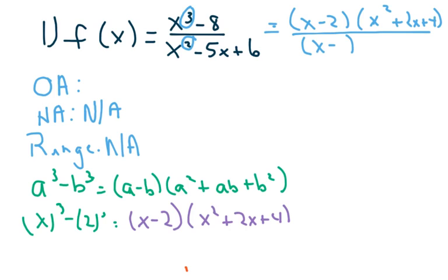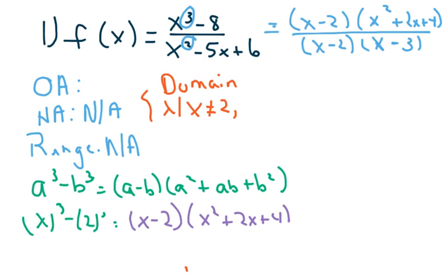I get x minus 2 times x minus 3. So right away I know for my domain, x cannot equal 2 and it cannot equal 3.